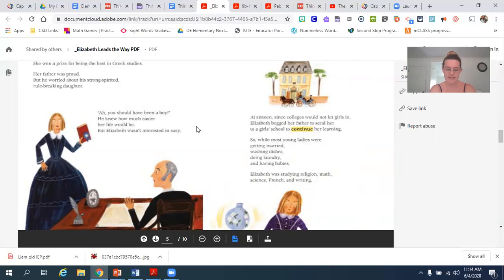But Elizabeth wasn't interested in easy. At 16, since colleges could not let girls in, Elizabeth begged her father to send her to a girls' school to continue learning. While most of the young ladies were getting married, washing dishes, doing laundry, and having babies, Elizabeth was studying religion, math, science, French, and writing.